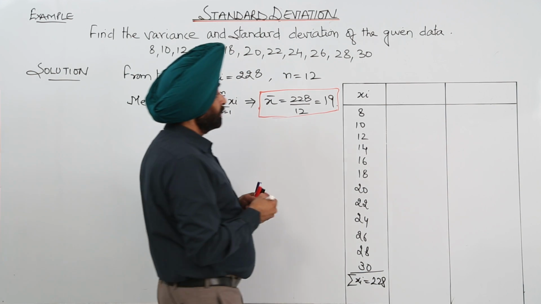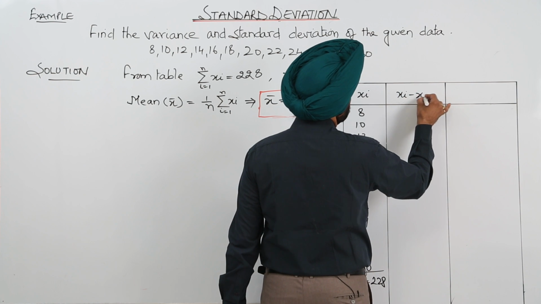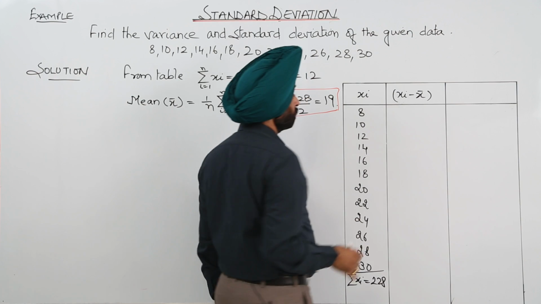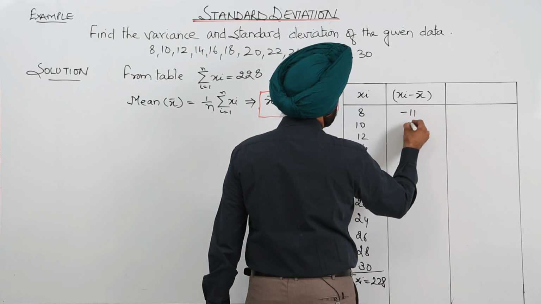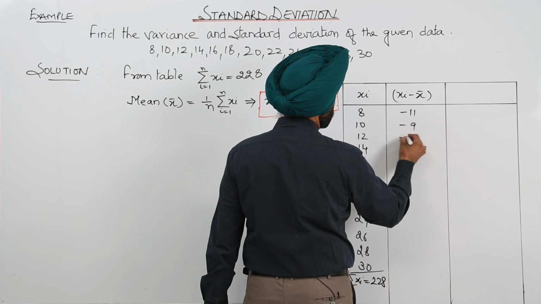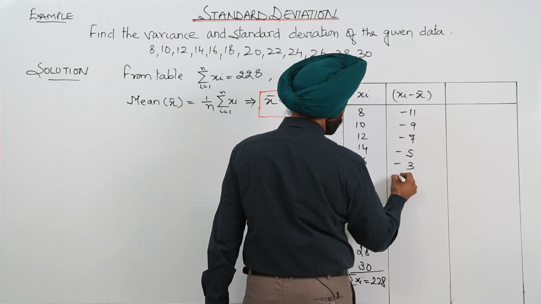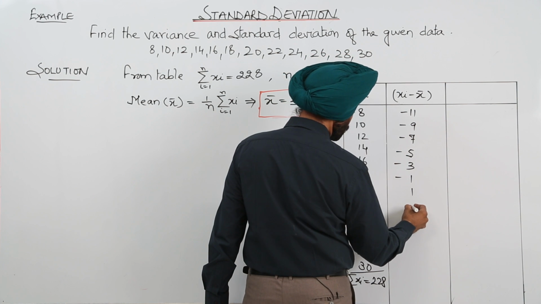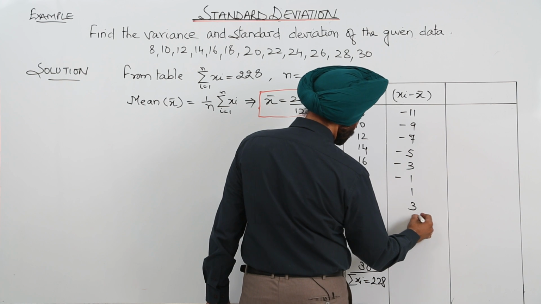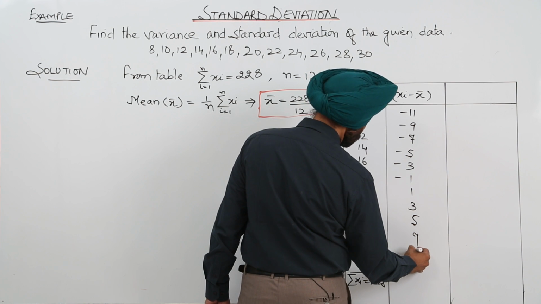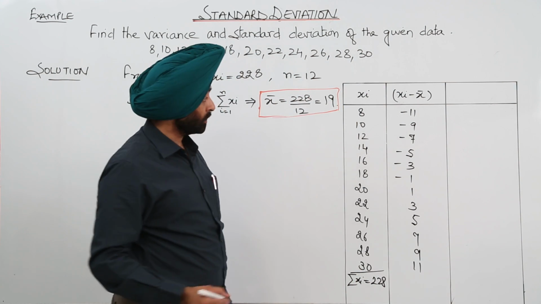Now, next, on the next column we are going to write xi minus x mean. Okay. Now, this becomes negative of 11, negative of 9, negative of 7, negative 5, negative 3, negative 1, then 1, 3, 5, 7, 9 and 11. Okay.